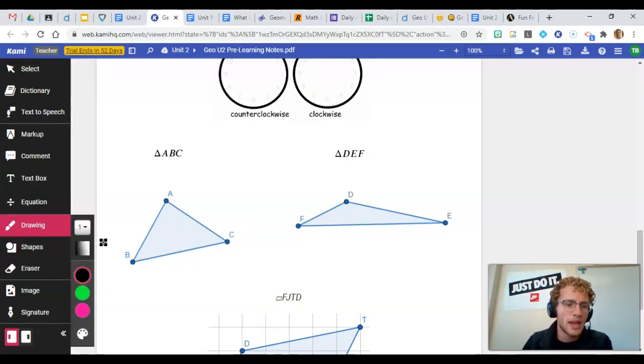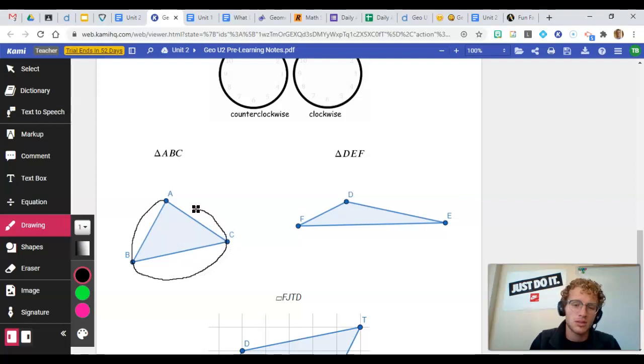If we go with ABC, and this is how we're going to be asking you to do this in the activities, we follow the letters of the triangle as it's named, A, B, C, and draw a circle around those points, or something close to a circle, with our arrow. Then we'll see that the orientation of that object is counterclockwise. How these points are organized is counterclockwise.